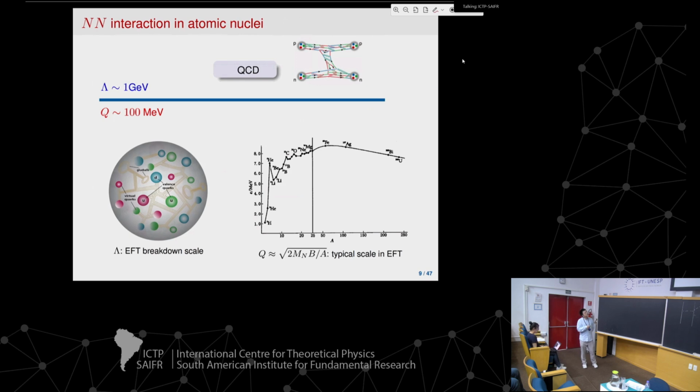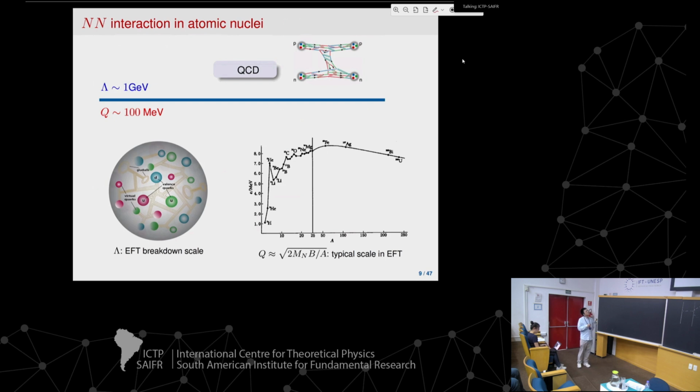If you are working in this picture, then the interaction between two nucleons is described by these complicated pictures. You will have quark exchange and gluon exchange in the middle, which mimics the pion exchange in this way.